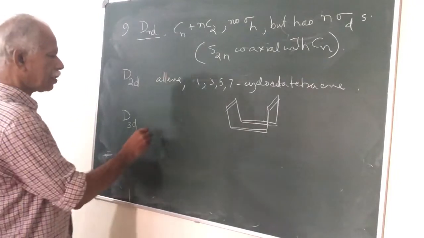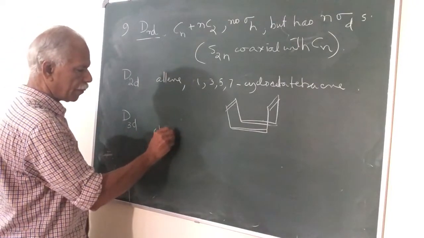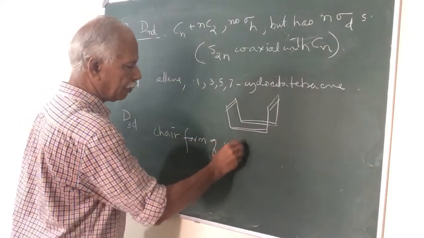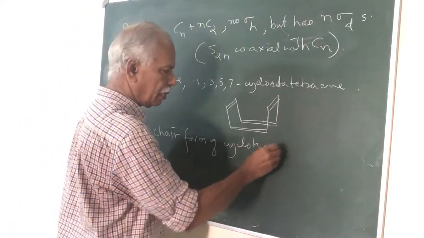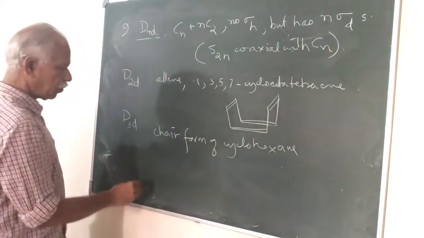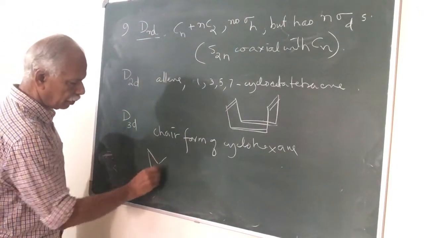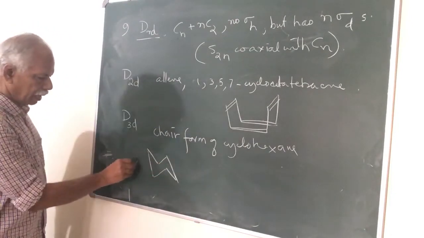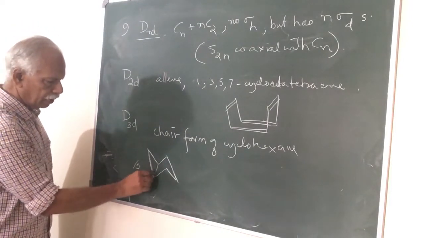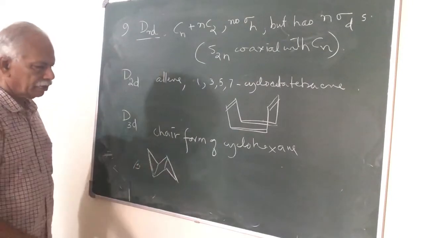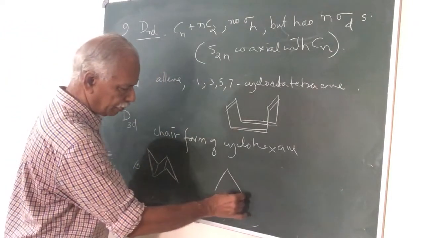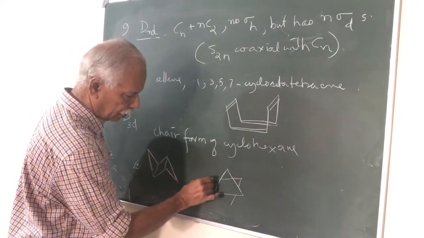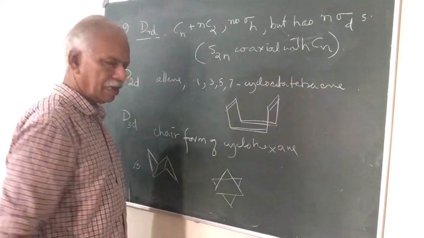Example for D3d. The best example is chair form of cyclohexane. This is how one writes the chair form. If you observe it from this angle, these two triangles look as if staggered to each other.